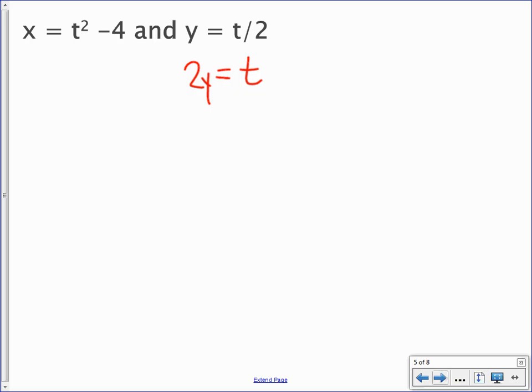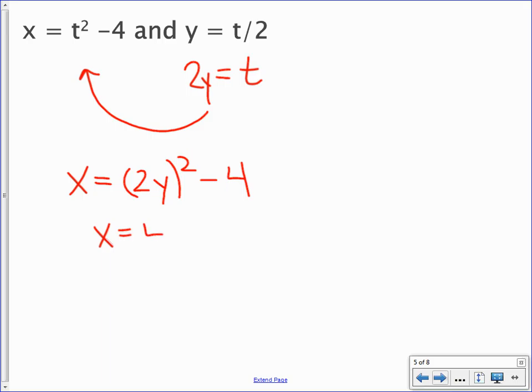Then what we get to do is we get to plug that in. So x equals t squared minus 4, or x equals 4y squared minus 4.